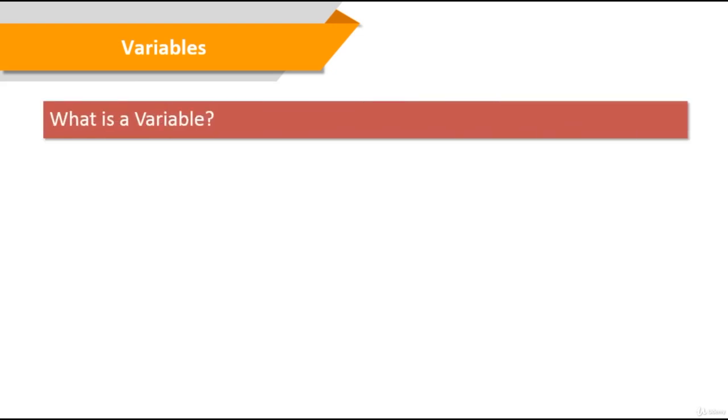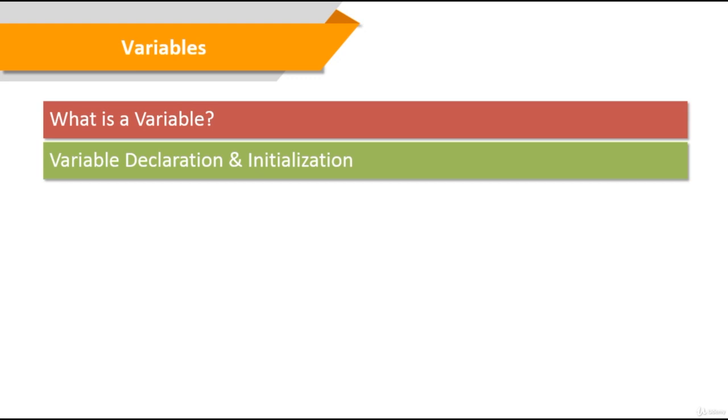Variables. Now we're starting the main fundamentals of the Java programming language. One of them is variables. In this section, we'll first learn what a variable is. Then we'll learn how to declare and initialize variables.